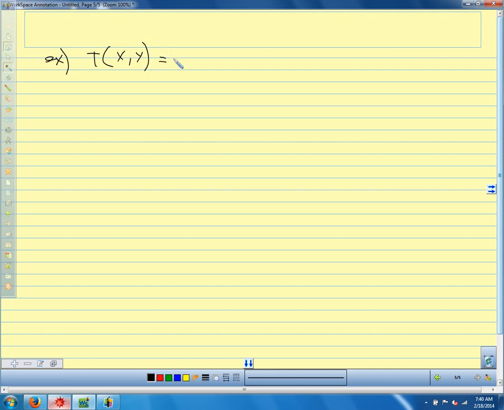T of x,y is 100 minus x squared minus 2y squared. This gives the temperature at any point on a metal plate. Temperature in Celsius or Fahrenheit? Doesn't matter. Or Kelvin? Whatever we like. Definitely Kelvin.